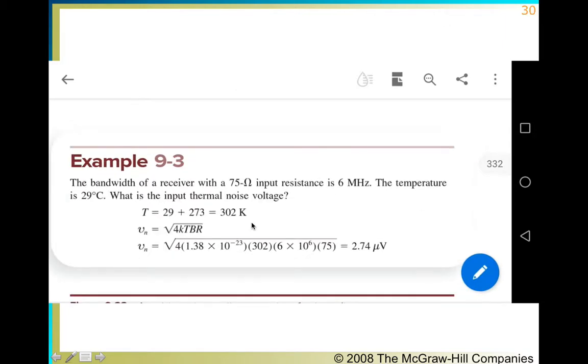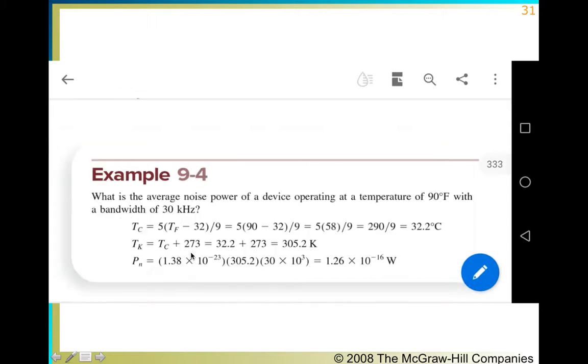Then we have another numerical in which we do the Kelvin calculations of the temperature, putting those values in to calculate the thermal noise voltage. In the next numerical, the temperature is given in the Fahrenheit scale, and we have to convert it into the Celsius scale and then to the Kelvin scale. Then we have a formula for the noise power, we put the values in that formula and calculate the noise power.